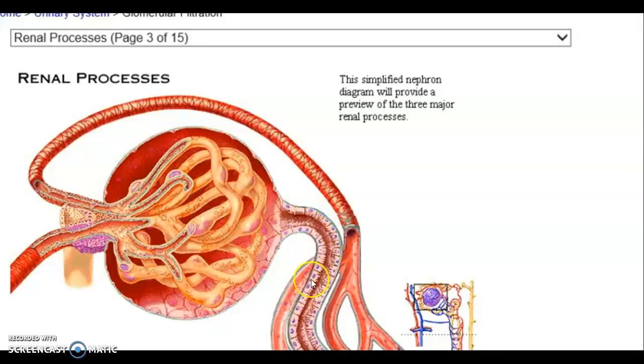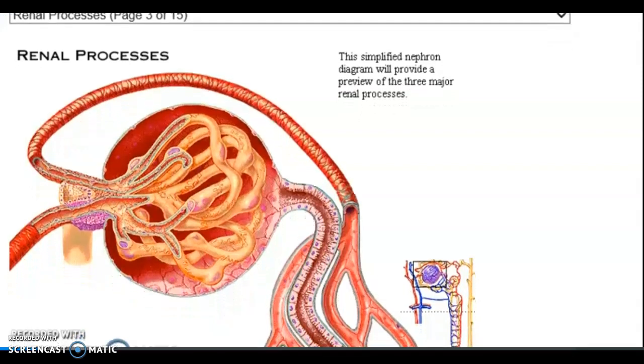Keep in mind, though, even when we're reabsorbing it back into the bloodstream, there's still interstitium between the cells of the tubules and the cells of the capillaries here. So here we actually can see, and let me make this a little bit more clear, the different parts of the nephron. Of course, this is a blown up version of what we have here.